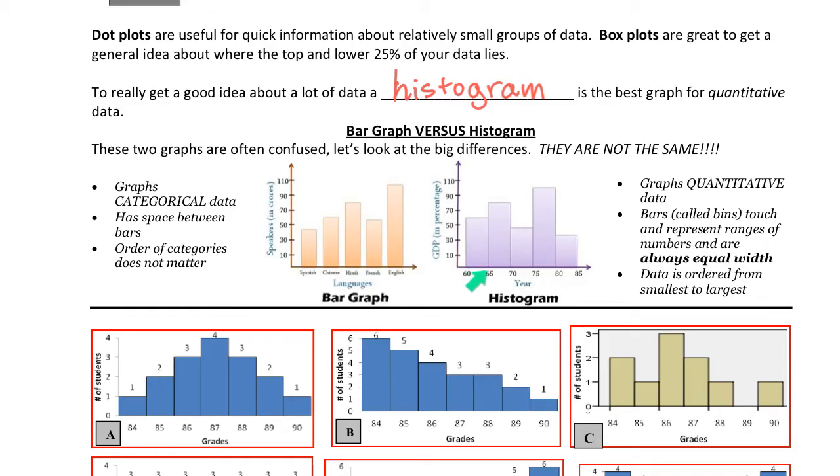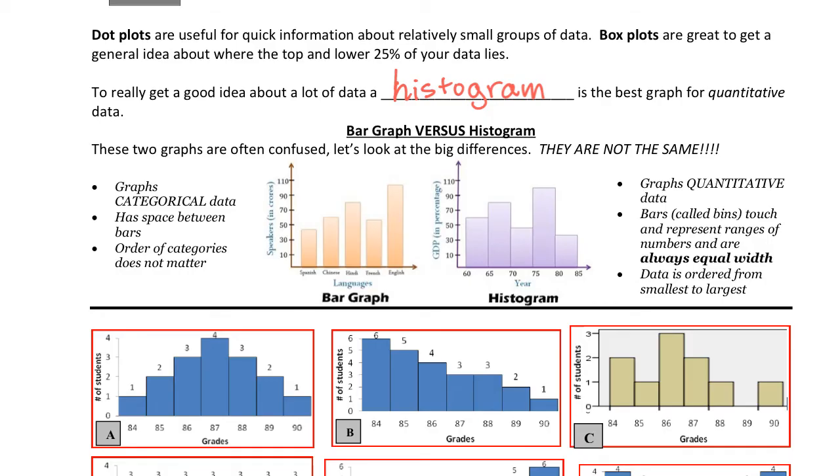Anything up to 65, like 64.99999, would go in this bin. So that's always a mistake. It goes from 60 up to, but not including 65. This next width is 65 up to 70, but not including it, and so on and so forth.